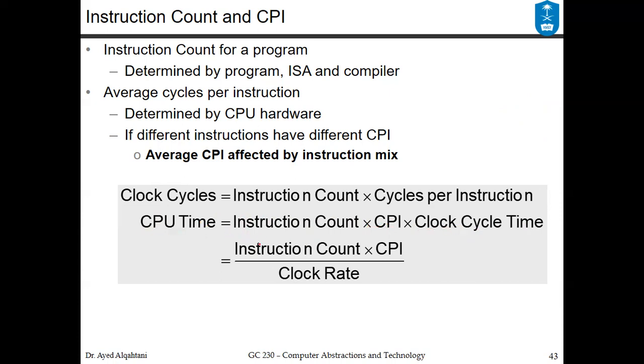Just to remember this, the execution time, which is the CPU time, is equal to the instruction count, which is IC, times the CPI times CCT. Remember it in short this way. Now, we know that the clock cycle time could be rewritten as 1 over the clock rate as well.